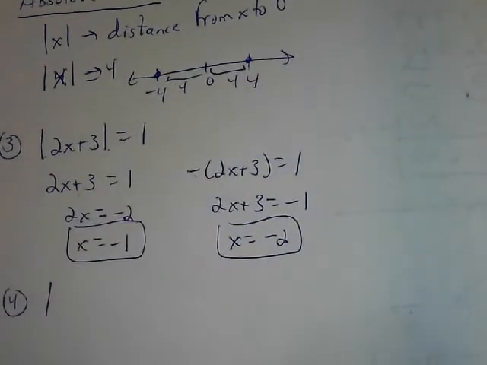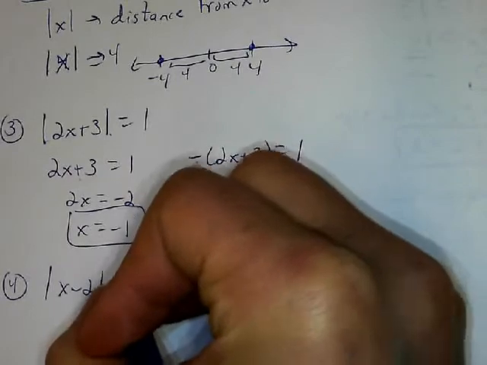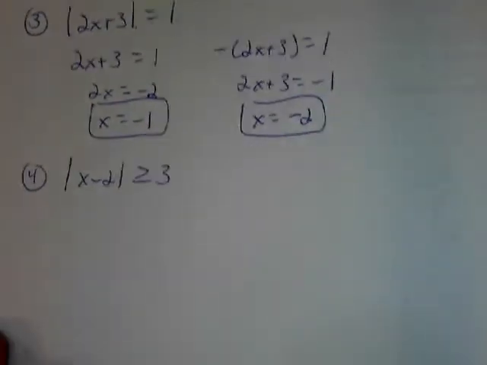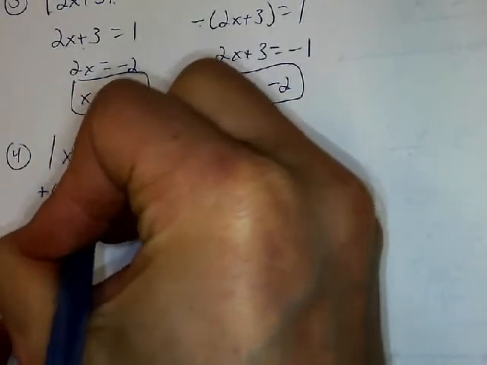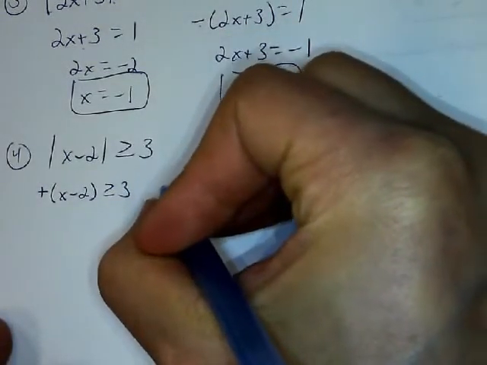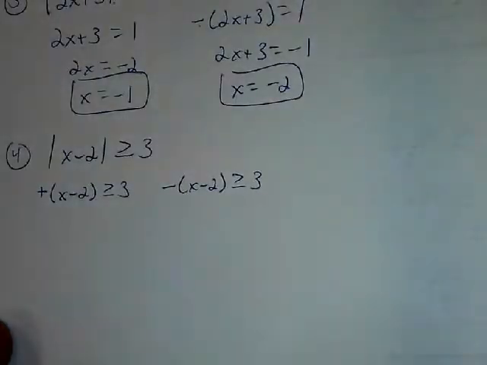On the next example, let's see the absolute value of x minus 2 is greater than or equal to 3. Again, same setup. The positive half must be greater than or equal to 3. The negative half must also be greater than or equal to 3. This is not how your middle school teacher probably taught you.